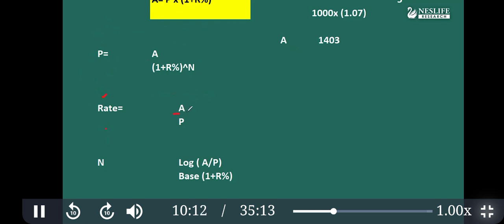Okay, similarly you can find the rate as well. The rate is calculated like this. If A is given, P is given, and the number of years is given, then this is the formula to calculate the rate. And this is used in almost all investing where we do not know the rate before investing, for example gold, shares, real estate as well.